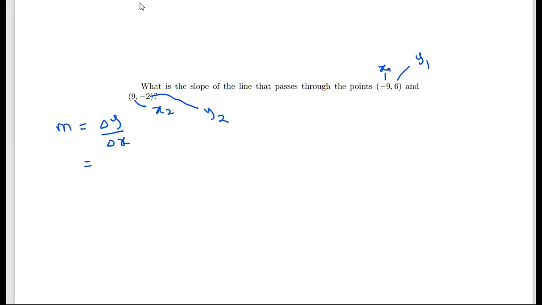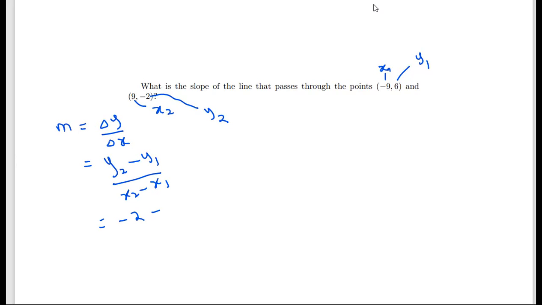So M is equal to y2 minus y1 divided by x2 minus x1. So y2 is -2. So you do -2 minus y1, which is just 9. No, my bad. Y1 is not 9, it's 6.